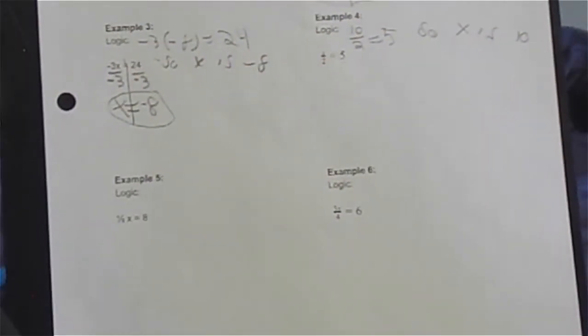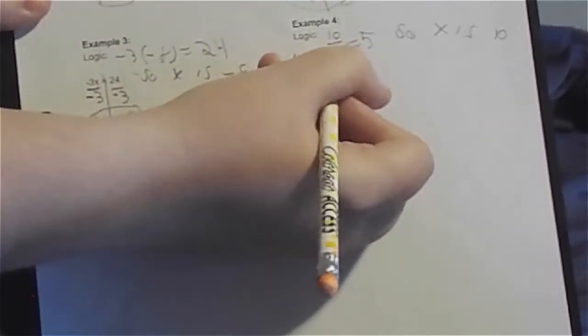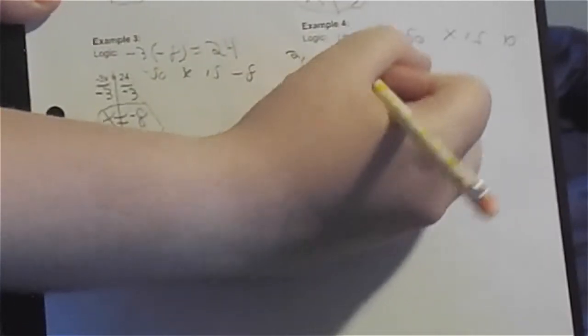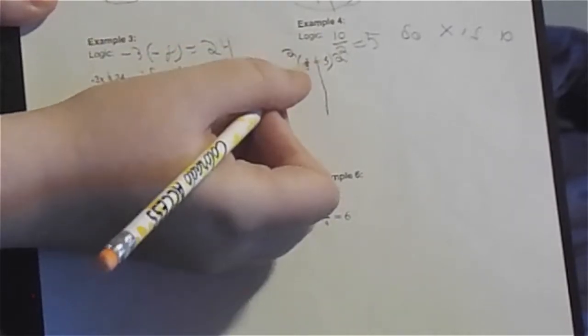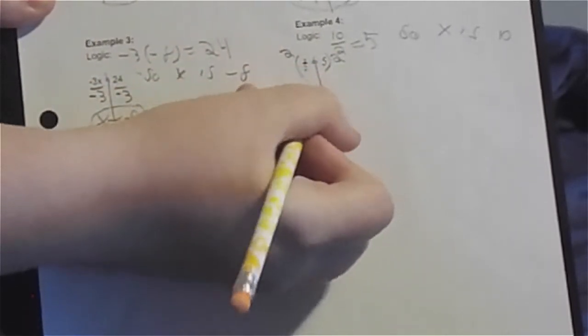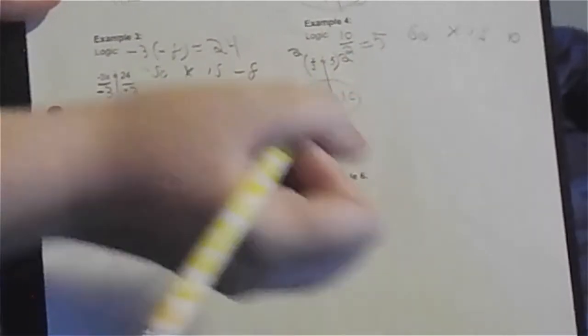But if we didn't know that logically, to mathematically solve it, you draw your wall. To undo division, because it's x divided by 2, you multiply both sides by the number on the bottom, which is 2. Well, 2 divided by 2 cancels and just becomes 1x equals 5 times 2, which is 10.